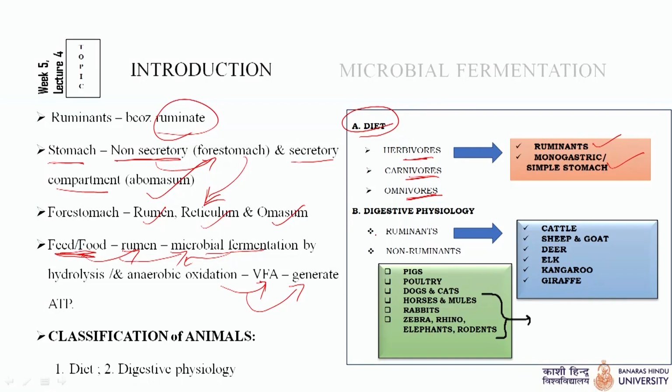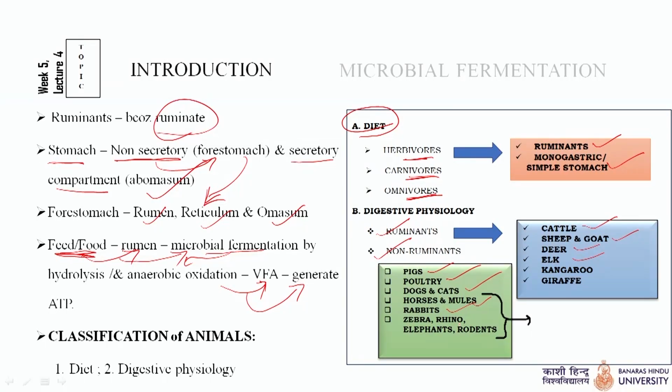It is classified into ruminants and non-ruminants. Examples of ruminants are cattle, that is cow, buffalo, sheep and goat, deer, elk, antelopes, kangaroo and giraffe. Examples of non-ruminants are pig, poultry, dog and cat, horse and mule, rabbit, zebra, rhinoceros, elephant and rodents. In addition to that, many other animals are also there.